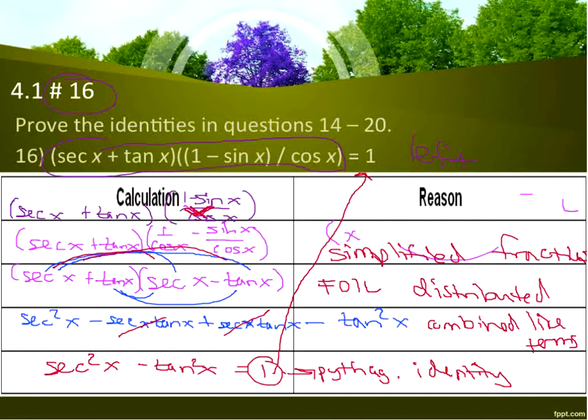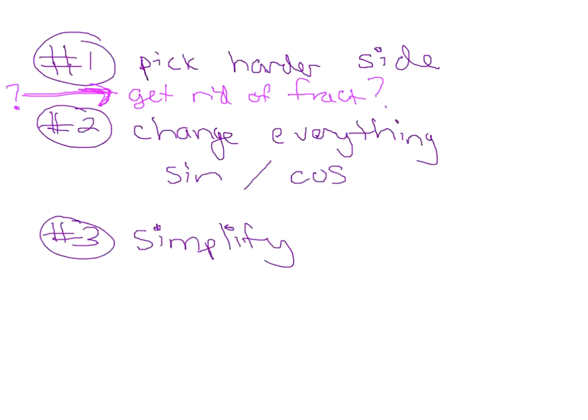So looking back at our steps one more time on the slide before this, we're always going to pick our harder side first. Sometimes we're going to have fractions that we're going to get rid of, but most of the time we're going to do number 2. Let's say like 99% of the time we're going to do number 2, which is change everything from sine to cosine and then simplify. So in this problem that we just did, we did not have to do step number 2.